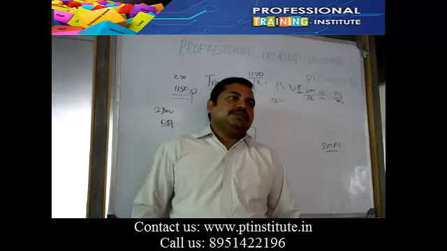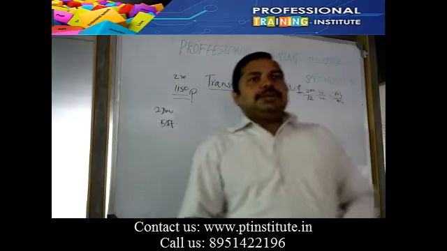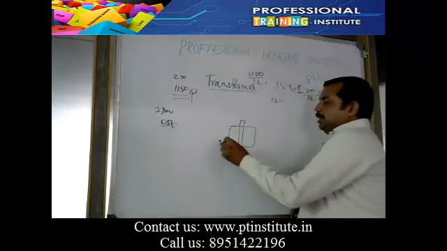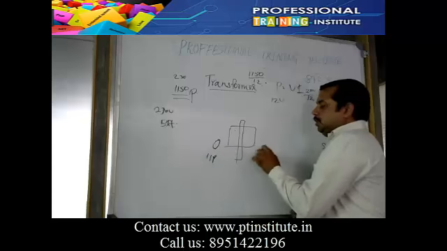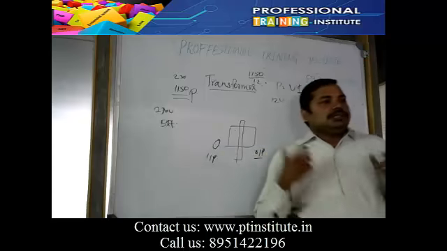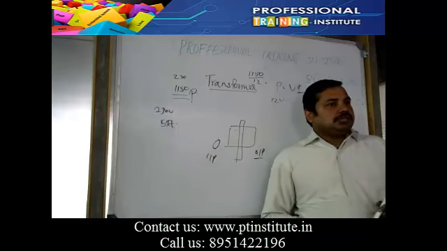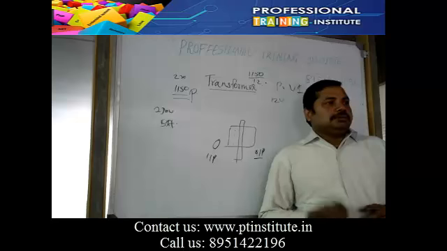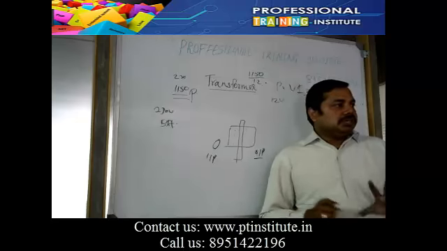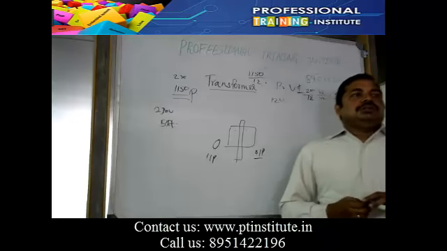Whatever we discussed here is the ideal transformer, which is not possible in the field. What happens is, whatever input power we give and whatever output power we get, there is some difference, and that difference is the losses. There are thousands of types of losses, eddy current losses, hysteresis losses, like that. I don't want to go inside those things.